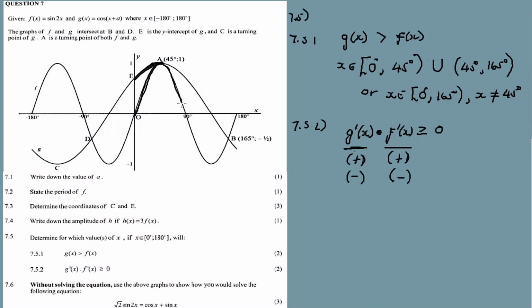Siyayehla ke le function ka f. Nayehla le function ka f iba njani gradient? Iba negative. This function ka g yenzani? Iyayehla nayo. It means the gradient is also negative. Negative yosinika a positive. Asayehla still.